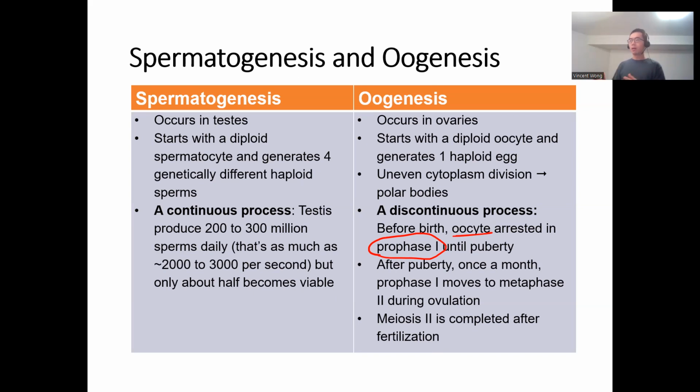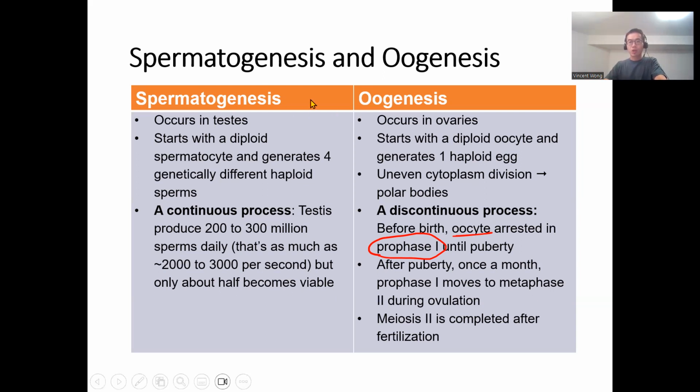So females are born with all the eggs they are ever going to have in their life. The quality of those eggs tends to deteriorate with age. That's why having kids at an older age is associated with a higher chance of genetic disorders, because mutations could have accumulated over time, and the quality of the egg degrades as well.